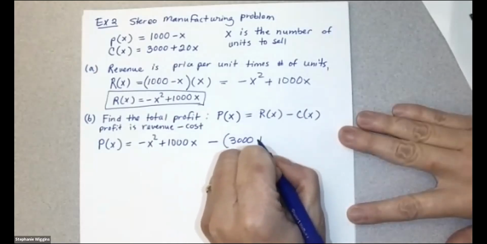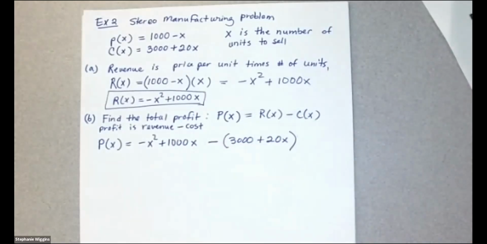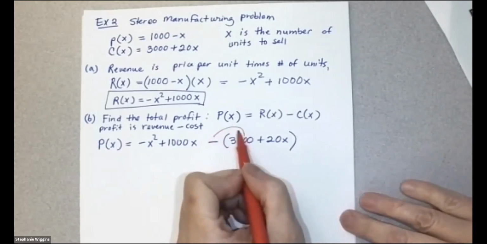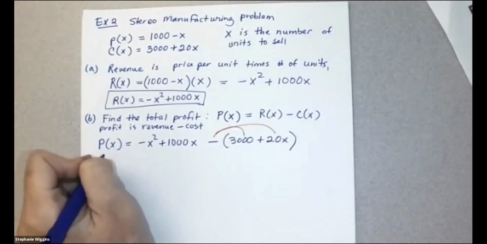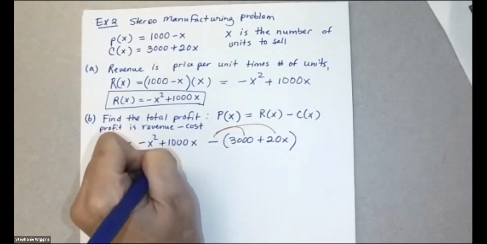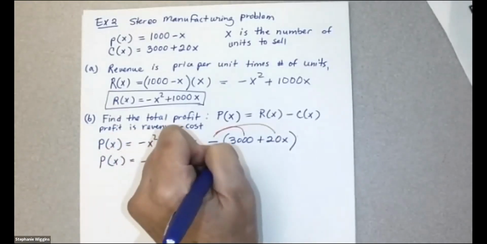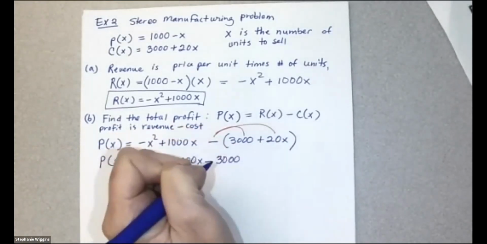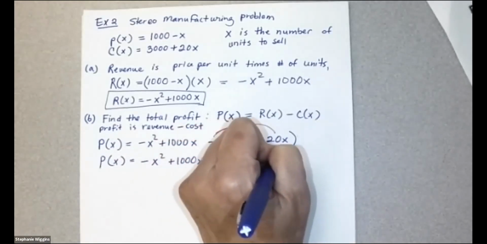Notice I'm using parentheses. The reason why I'm using parentheses is because I want to subtract the whole cost. And so I need to distribute this negative to each term for the polynomial. So that means that P of X is going to be minus X squared plus 1000X minus 3000 minus 20X.